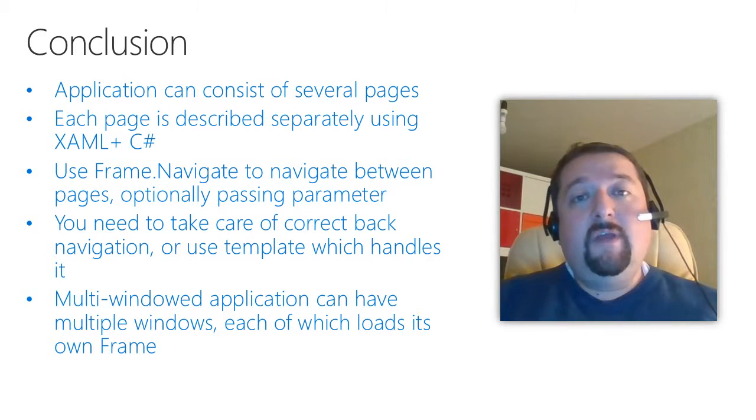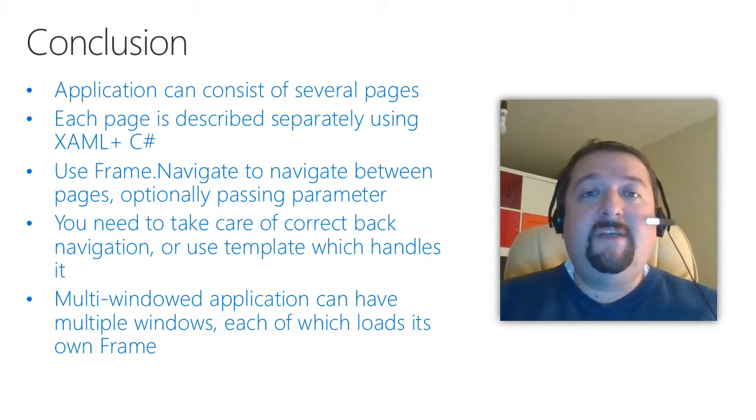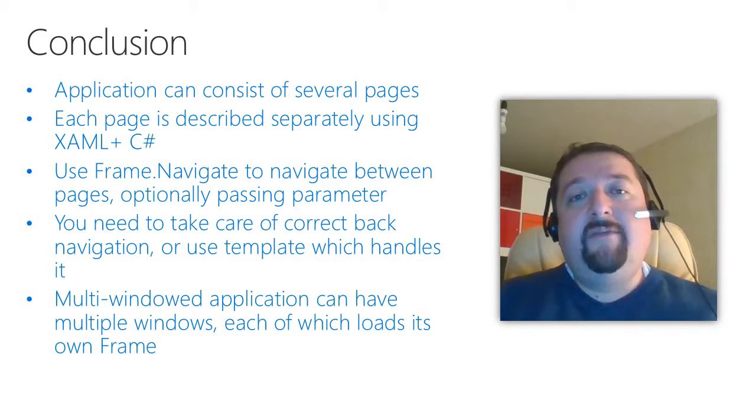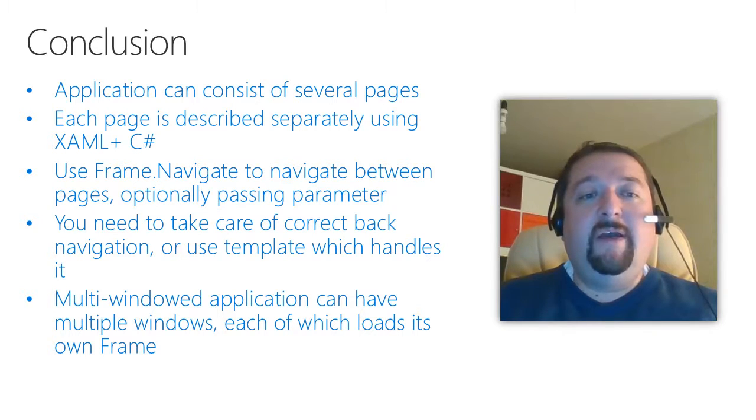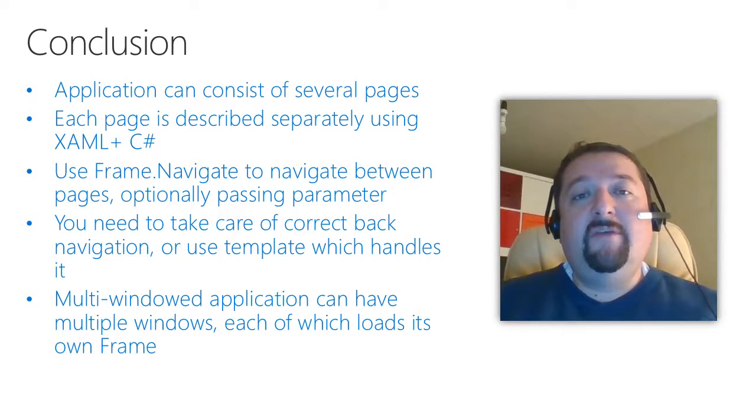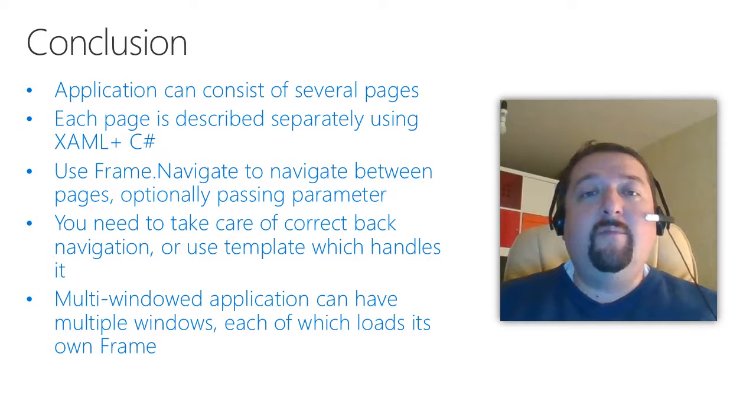So the conclusion: an application consists of several pages, and most real-life applications, in fact, do consist of several pages. Each page is basically a separate XAML and code-behind file. You can use Frame.Navigate to navigate between those pages, and you can pass parameters between them. And if you do navigate, then you need to take care of correct back navigation.